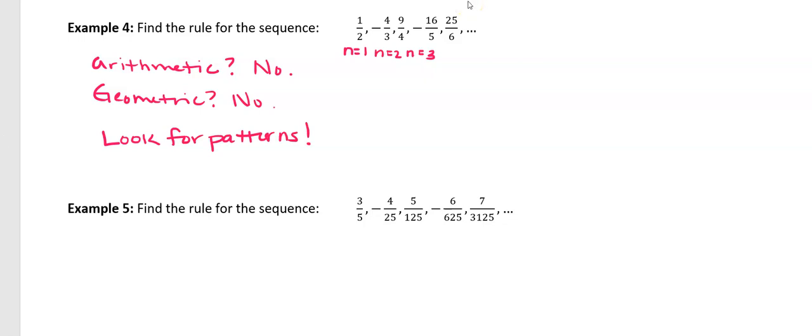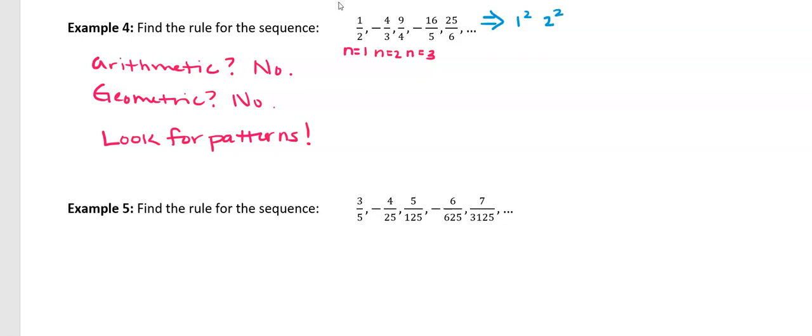To start, I would suggest looking at your numerator to see what's happening up there. In my numerator, I can see that they are actually perfect squares. My first term has a numerator of 1, so that's 1 squared. My second term has a numerator of 4, and that's 2 squared.